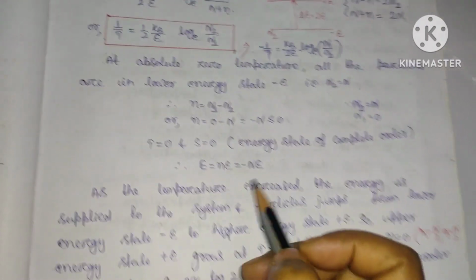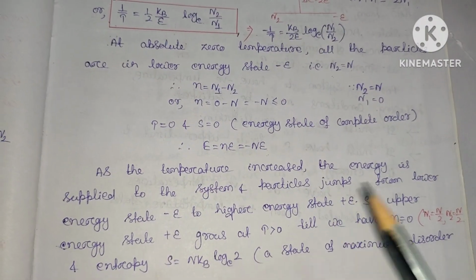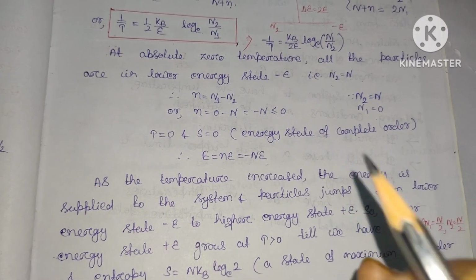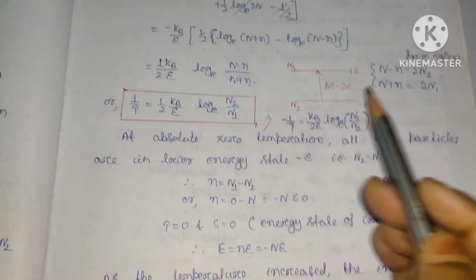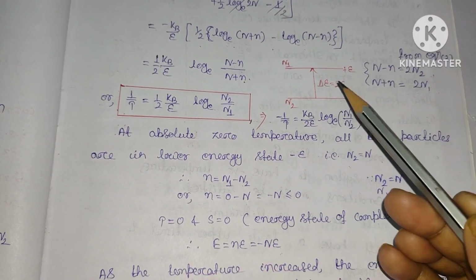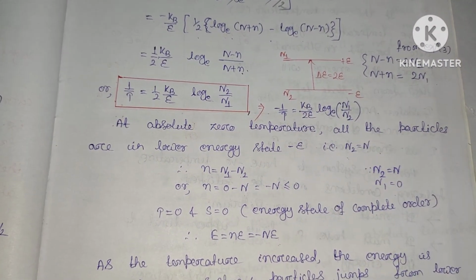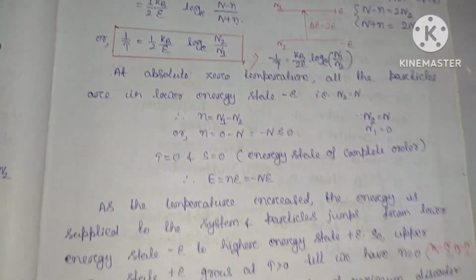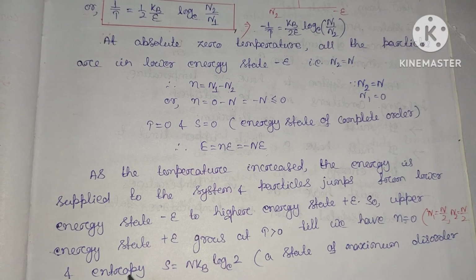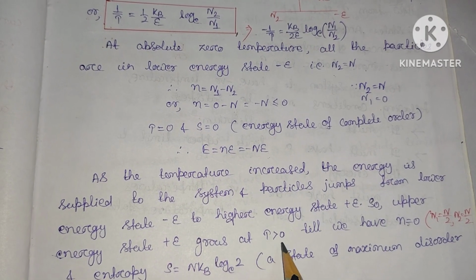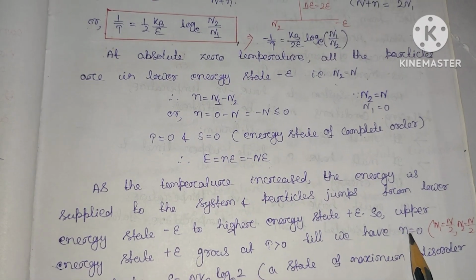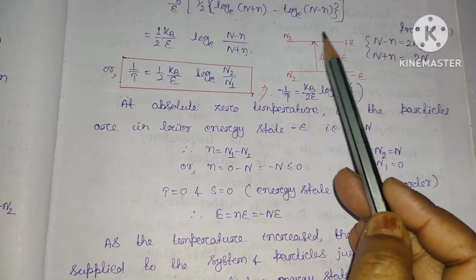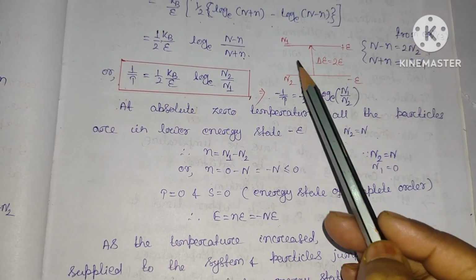Clear? So when we increase the temperature, the energy is supplied to the system and the particles jump from the lower state to the higher state. When we supply an additional amount of energy, the particles shift from this energy state to this higher state. So the upper energy state grows at T greater than 0 till we have n equal to 0. n equal to 0 means in the first state the number of particles is half, and in the n2 state the number of particles is half.